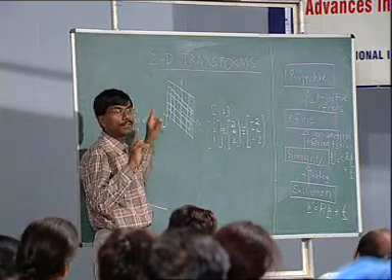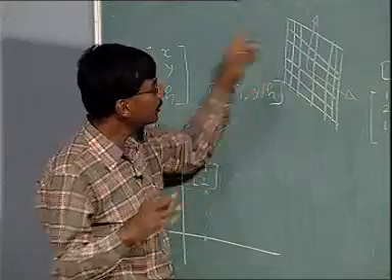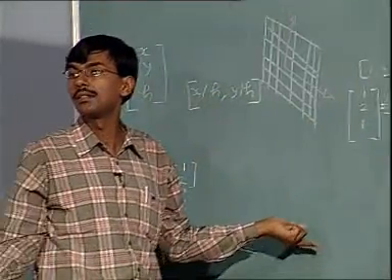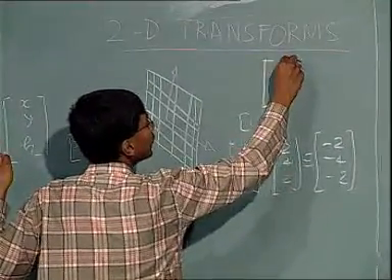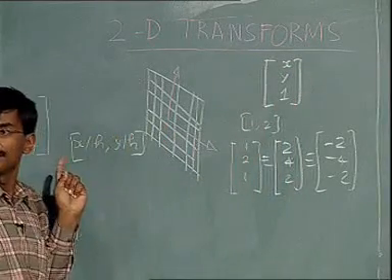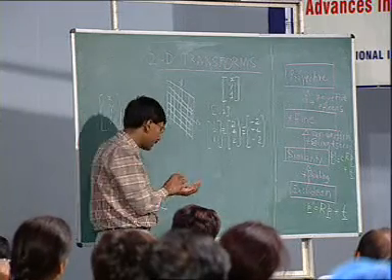Now what is the advantage of a homogeneous representation? अगर तीसरे से बार बार divide ही करना है तो फिर उसे रखें क्यों? So, without loss of generality, in fact, we can say that if a point is finite, I can represent that as x y 1. Okay? Does not matter. The difference is when points become infinite.